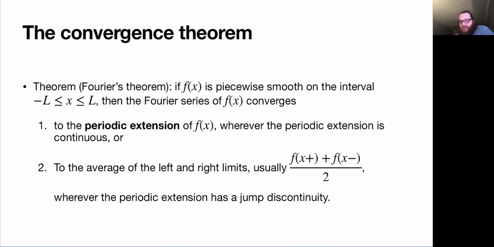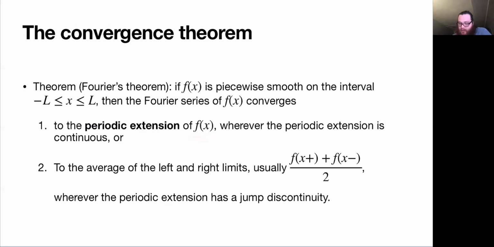The claim is that the Fourier series converges to what we're calling the periodic extension of the function, which we'll draw in a second and define by example. It converges to the periodic extension wherever this extension is continuous. In particular, wherever f is continuous on the original domain from negative L to L, the Fourier series will converge to f of x.